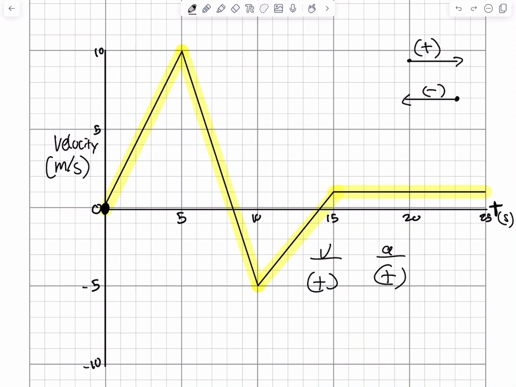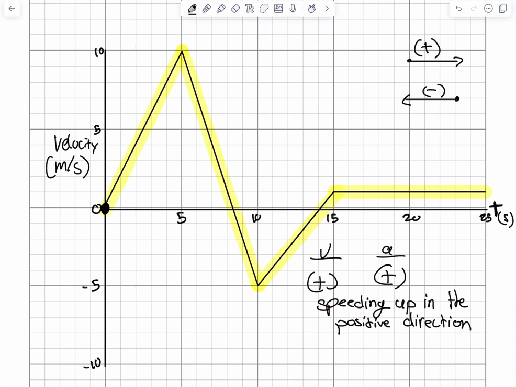So, just like in this section right here, it'll be speeding up in the positive direction. Now that should make sense. Our velocity is positive, our acceleration is positive, so it's going to speed up in the positive direction, in the right direction.